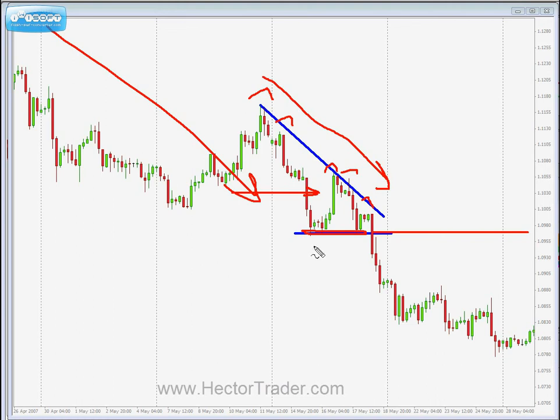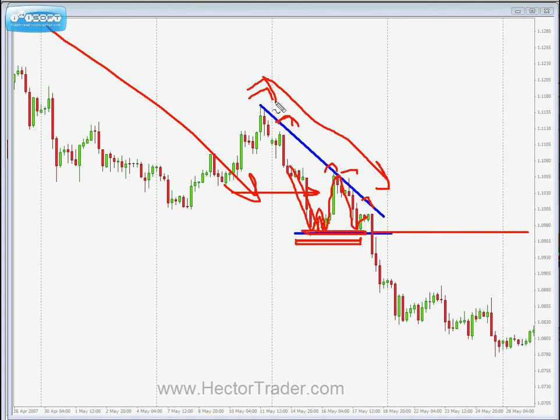Basically what happens in this type of case is that the bulls are at their last line of defense, and the bears keep unleashing attacks on this level. The bulls reject them once, reject them twice. The bears try to unleash another attack, and the bulls defend that level once again.